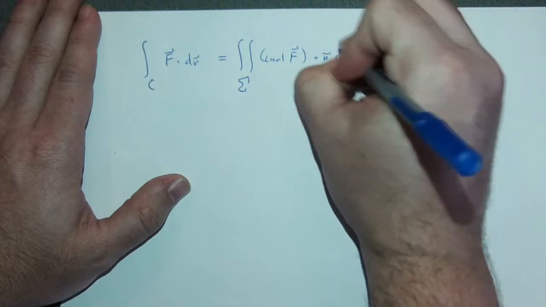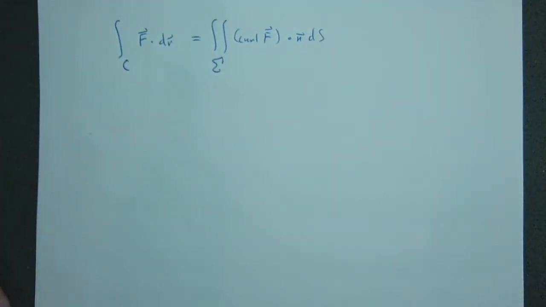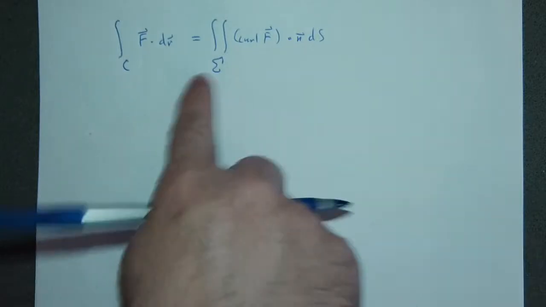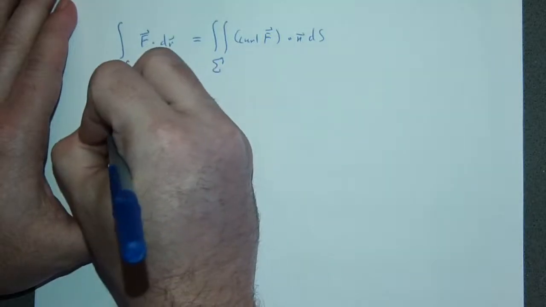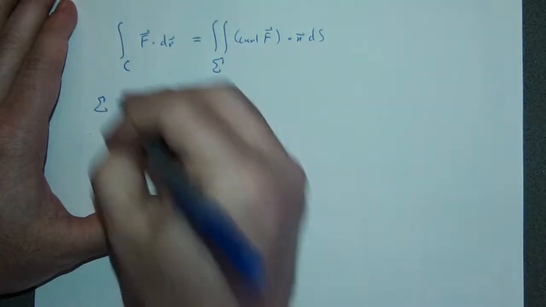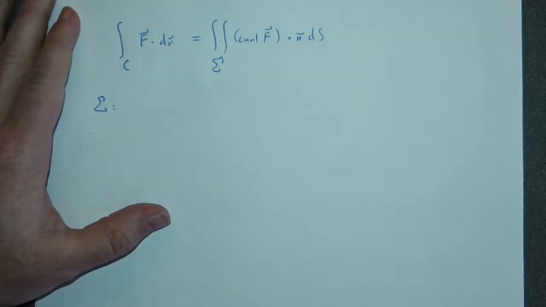But remember, how do I do a surface integral? What are the things I need? Okay, so I have curl F, so I'm good to go. But in order to actually compute the surface integral, I need to describe sigma as a parametrization, right? So I need to describe it as a parametrization.